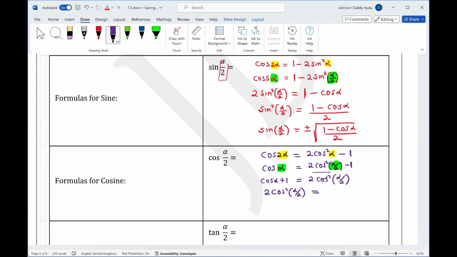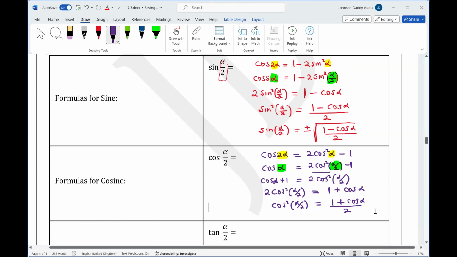Cosine alpha plus 1 is the same thing as 1 plus cosine alpha. Nothing changed, I just interchanged the places. So cosine squared alpha over 2 is equal to 1 plus cosine alpha divided by 2.